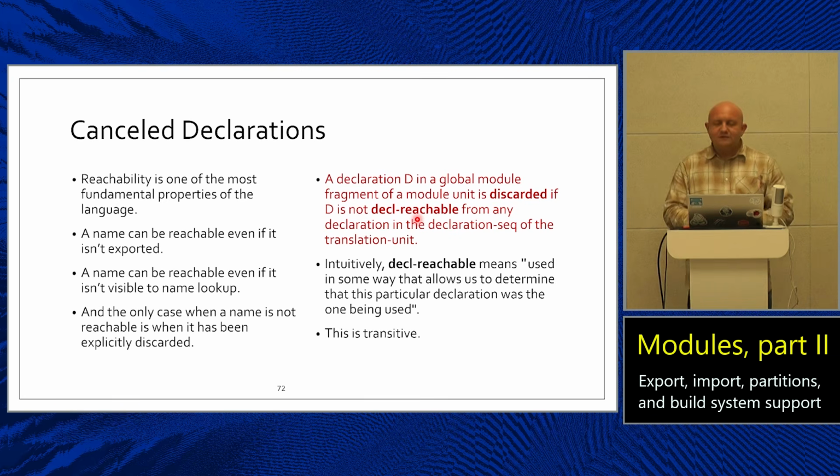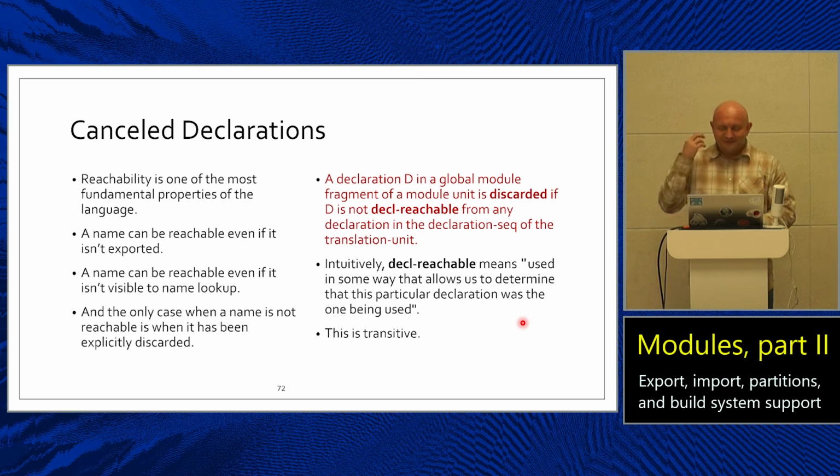The standard gives a long and very technical definition of decl-reachable. You may find it by yourself and enjoy it, but I prefer a much simpler and more intuitive one that I'm actually proud of. A declaration is decl-reachable if it's used in some way that lets us tell that this particular declaration was the one being used.